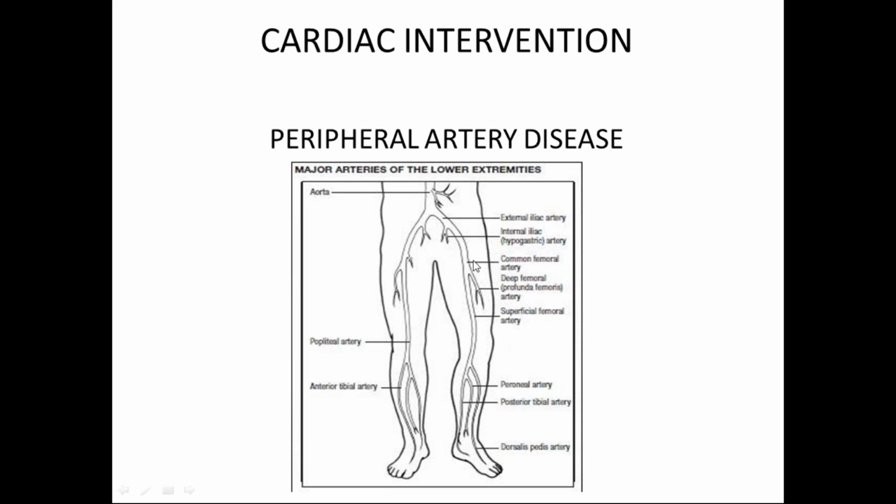If you have a cuff in the upper thigh and one in the lower thigh, and the upper thigh waveform is normal and the lower thigh waveform is abnormal, then it suggests that there's an obstruction in the superficial femoral artery.